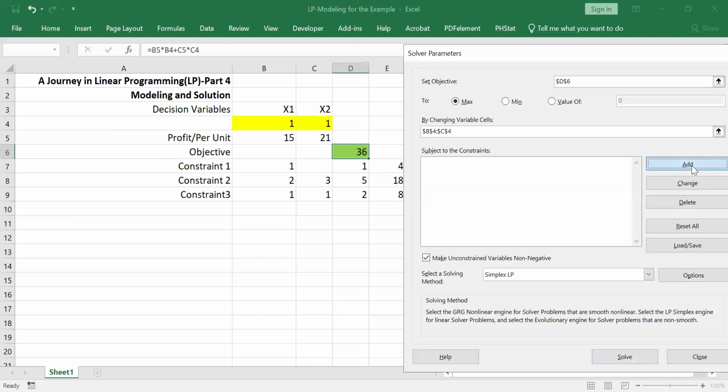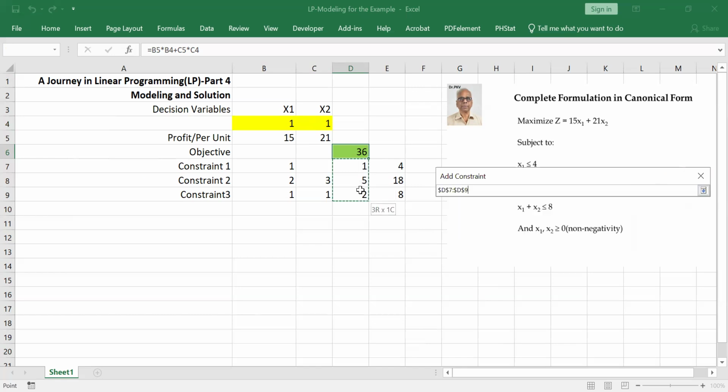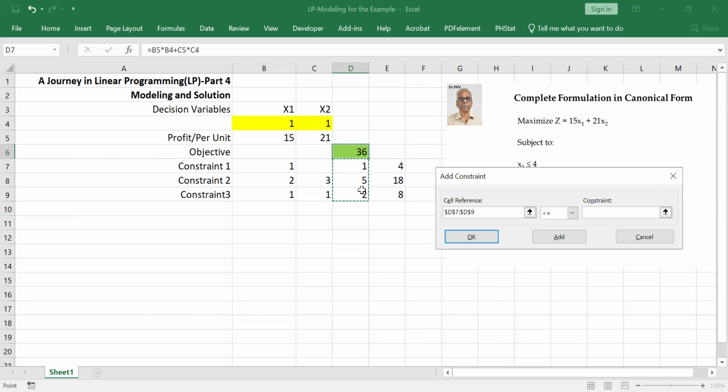Yes, of course. In the Excel spreadsheet model of the solver, when the constraints are all of the type less than or equal to, with the first one 4, second 18, third 8, I simply put the constraint of the left-hand side and then the values of the constraint on the right-hand side. Now click OK.